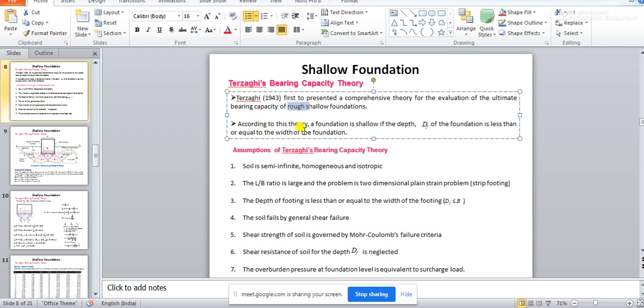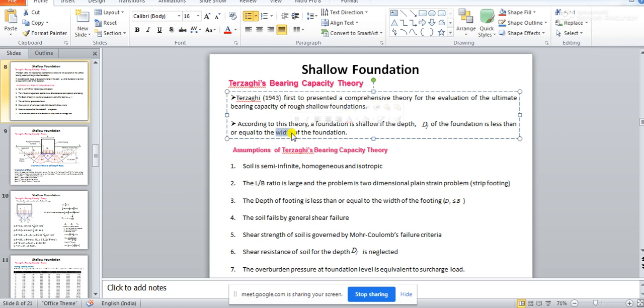So, according to his theory, the foundation is shallow. A foundation is shallow, you know it already, we have discussed it earlier also. A foundation will be considered to be a shallow foundation if the depth of the foundation, df, is less than or equal to the width of the foundation. You must understand this very clearly. It will always depend on the width of the foundation, not the length of the foundation.